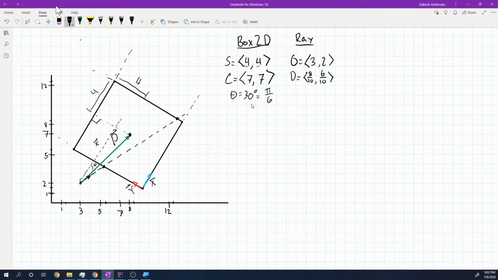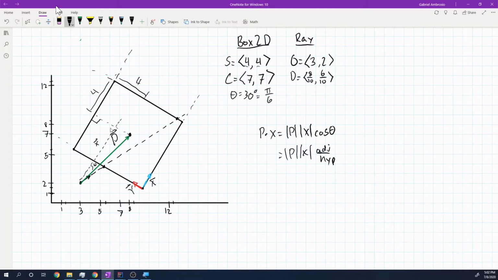So if we do P dot X, okay? P dot X, we know that's just the magnitude of P times the magnitude of X times cosine theta, where cosine theta we also know from SOHCAHTOA, once again, is just adjacent over hypotenuse. Well, what is hypotenuse in this case? Hypotenuse is P, the magnitude of P. What is adjacent? Well, adjacent is this big length here, okay?